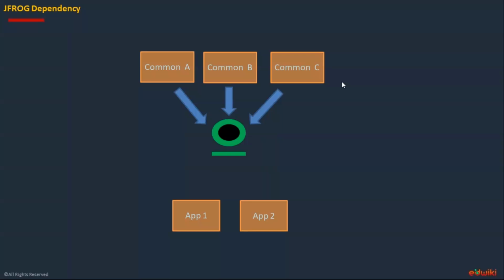The war artifact in general is used if your application is directly giving the web UI. In this case, do you think common A, B, and C are giving direct web UI access to the end users? No. Why? Common A, common B, common C are not a full-blown product. They are just simple, individual functionalities that can be used by some other applications. So these will definitely be a jar artifact.